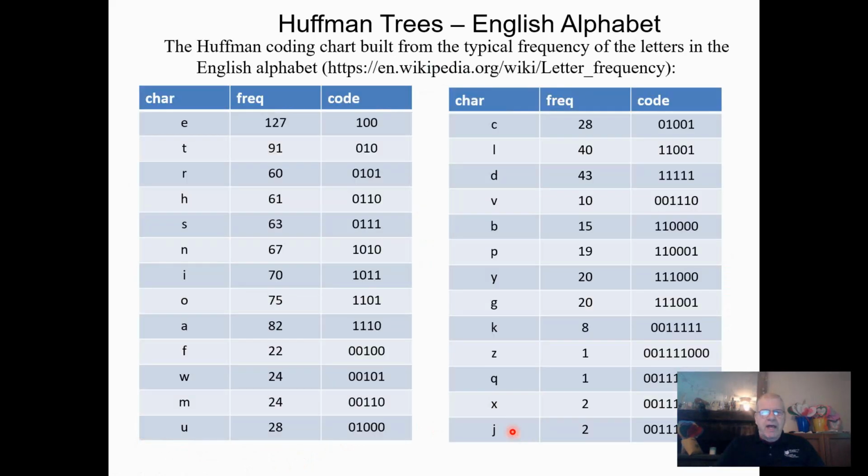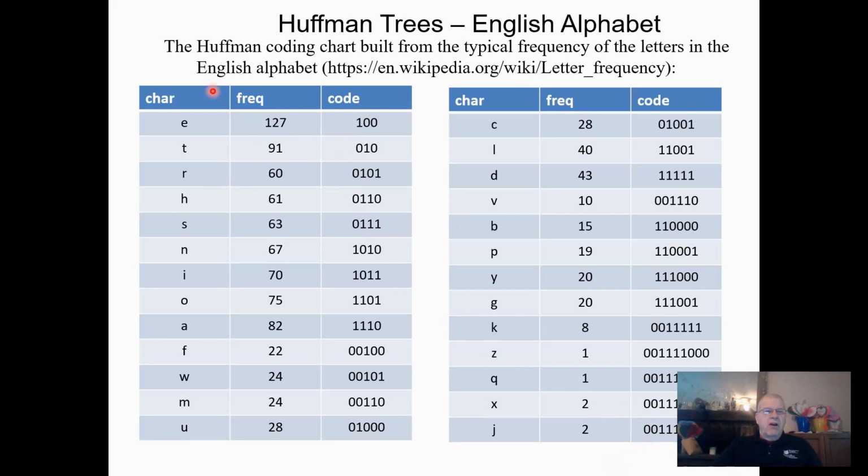So then we translate that into a coding chart, and we see that E has 3, T has 3 characters, and now you can see why this allows you to zip a file, compress a file, because you don't use X that much.